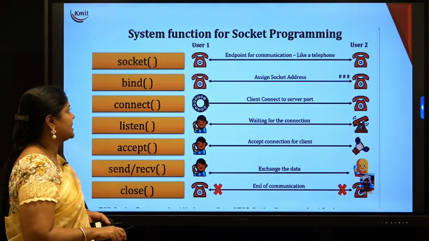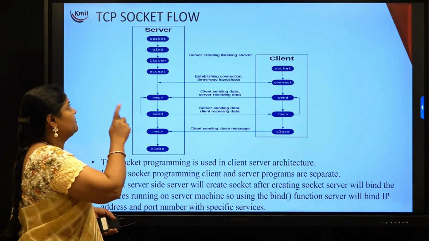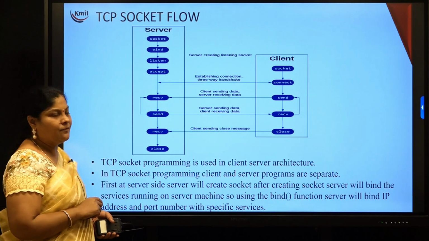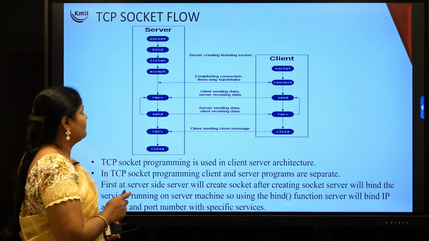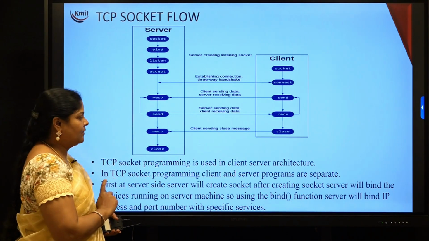Next you are going to see two types of socket flows: TCP socket flow and UDP socket flow. TCP socket flow is a connection oriented socket flow. Here you have a client and a server who are going to communicate with each other.